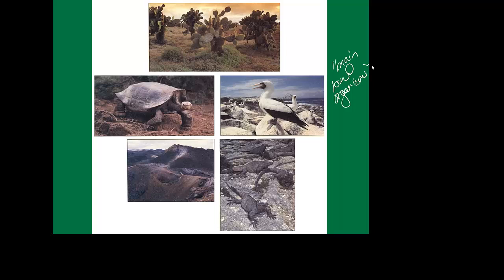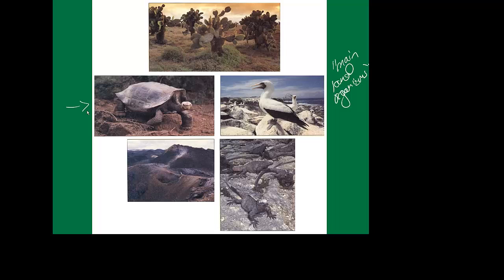But what he kept seeing were all these organisms that look similar to organisms that would be what we would consider mainland or continental organisms. So he was trying to figure out how something like a great land tortoise could end up on the Galapagos. So we'll look at this and we'll think about that process. But what we want to start thinking about is, just because they look similar, are they exactly the same as those? So we'll think about this.